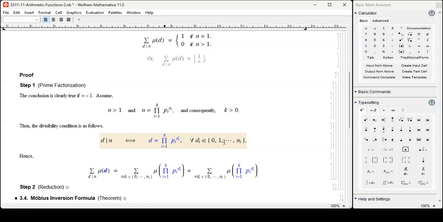But if it exceeds 1, then mu of that value is always 0. Remember that? If the square of any prime divides this number, in this case d, then mu of that d is 0. So this doesn't go from 0 to n_i, it goes from either 0 or 1.